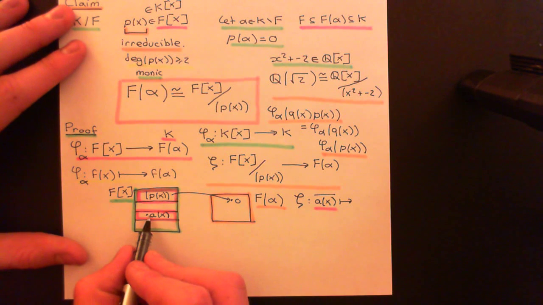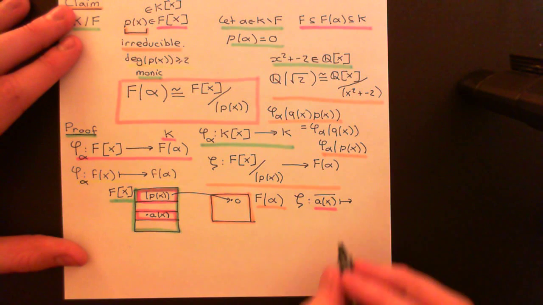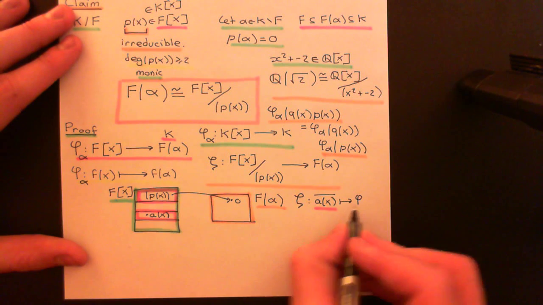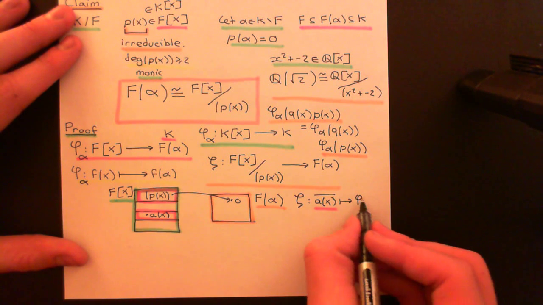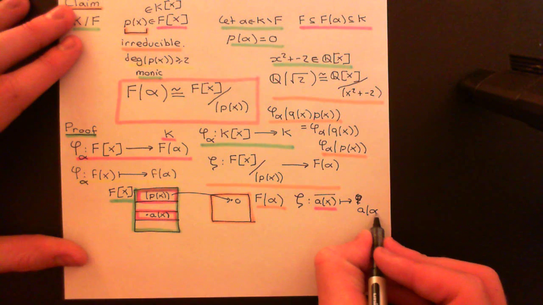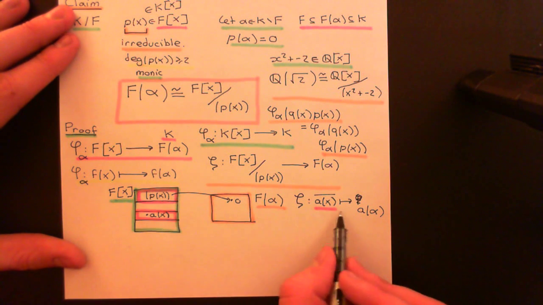So you take a representative from this coset, any representative you like, which is why the first job we're going to have is to prove that this is actually well defined. So take any representative you like from your coset. In this case, we'll take the one that it's named after, a of x. Take phi of that, which will be defined. Actually, I could write this in a simpler way. I could say just evaluate the polynomial at alpha. That's the simpler notation for phi of a of x.